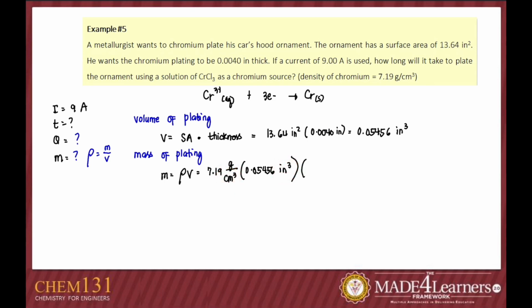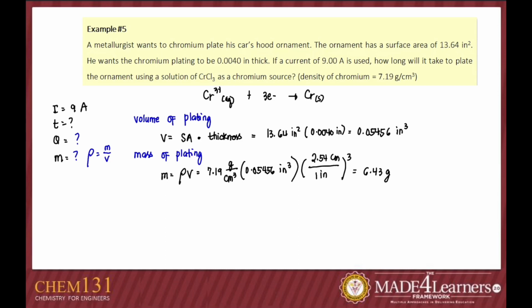So we need a conversion factor, and we know that 1 inch is equivalent to 2.54 cm. It is linear, so we raise this to the power of 3. So the cm cubed cancels, the inch cubed cancels, and what remains is grams. So the mass is approximately equal to 6.43 grams.